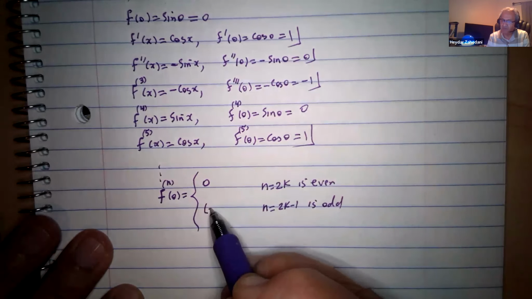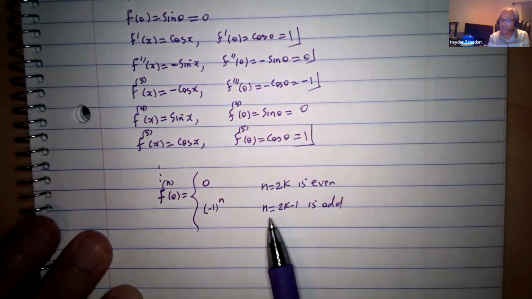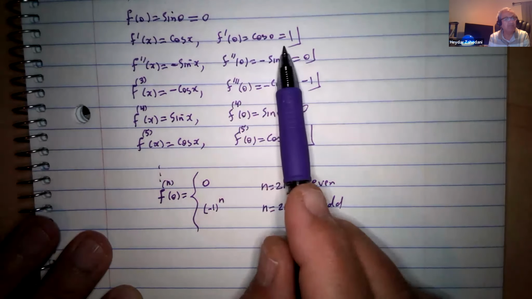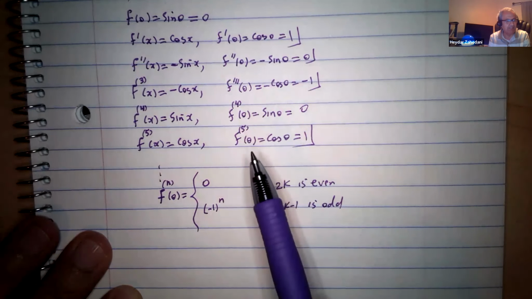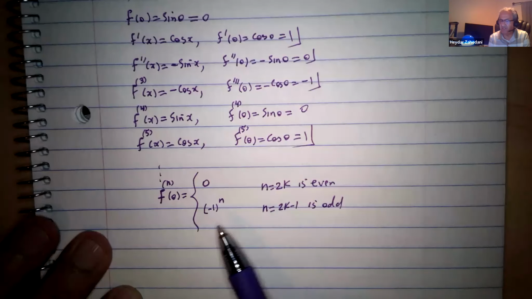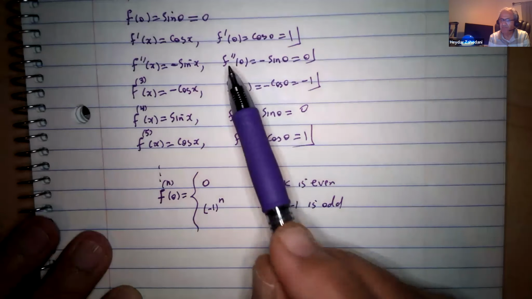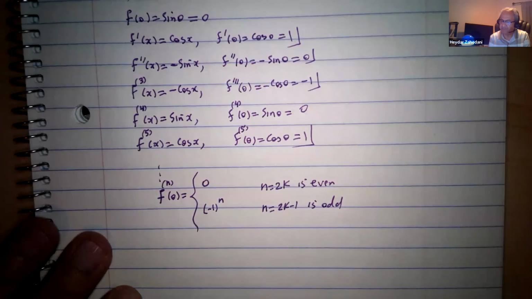So it's going to be negative 1 to the n. If we start with n equal to 0, then that gives you 1, then negative 1, 1, negative 1, and you continue for the other ones.